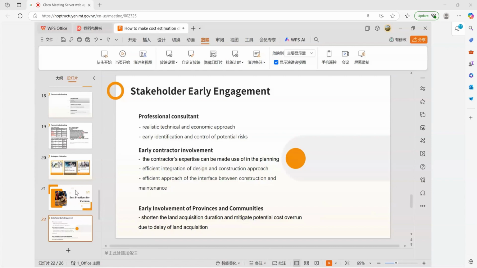Also, as we mentioned before, the delay of land acquisition is not only a cause of cost overrun for the Jakarta to Bandung project, but also for other projects in many other countries.